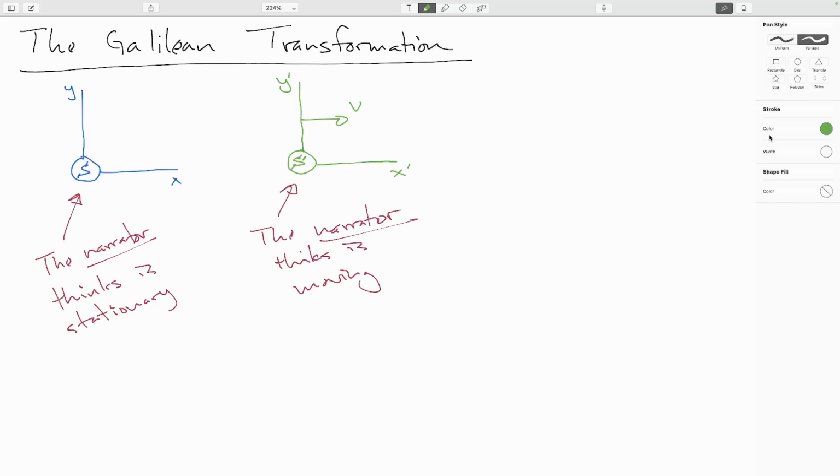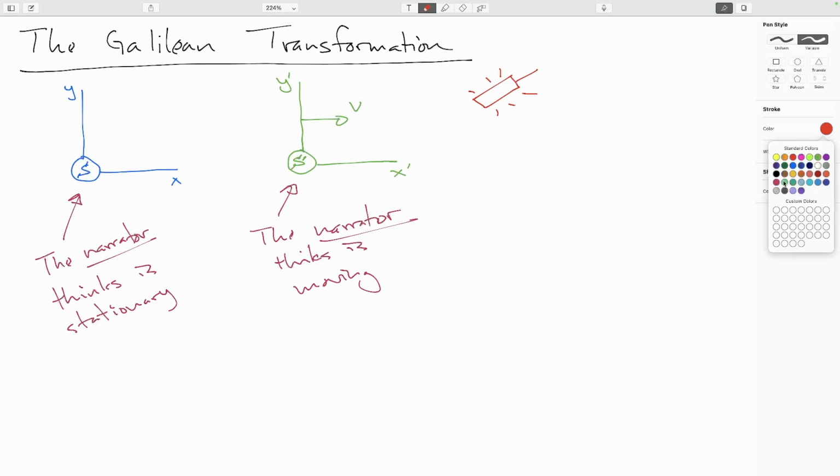So let's go ahead and imagine that we have some event, and whenever I do an event, I always imagine that it's just a firecracker going off.